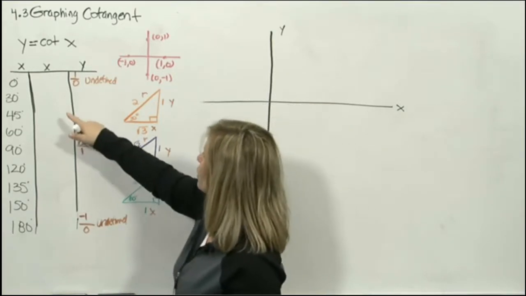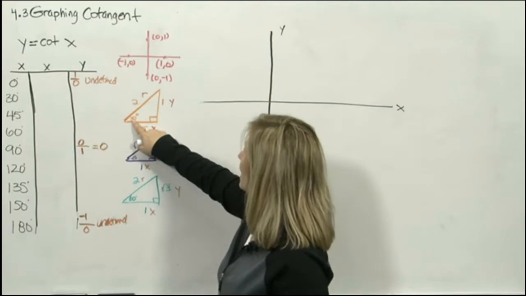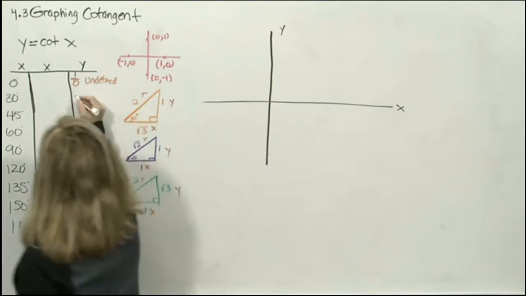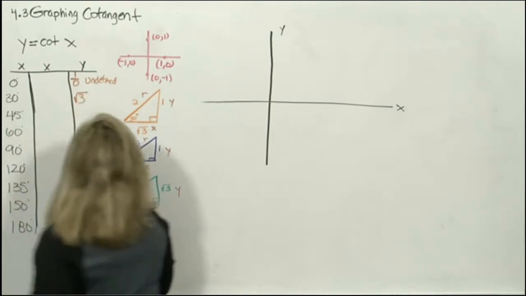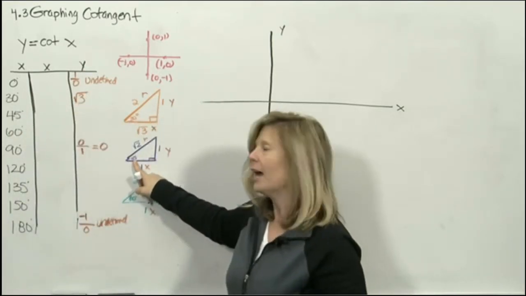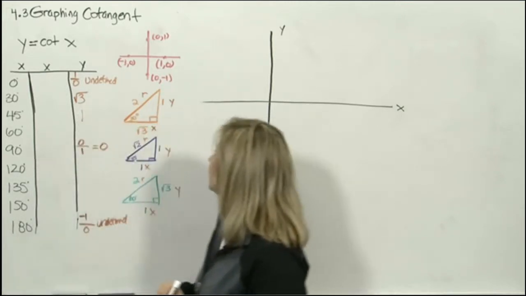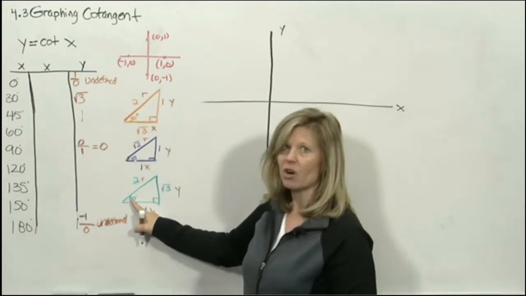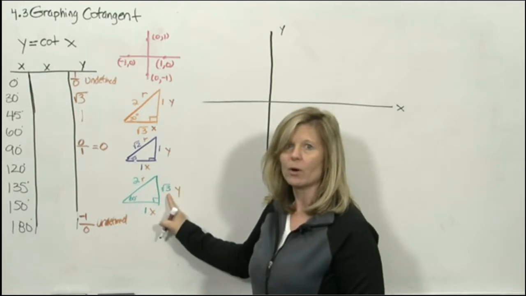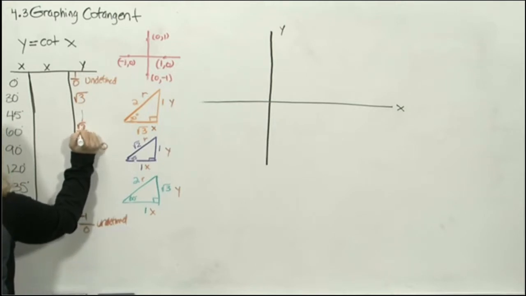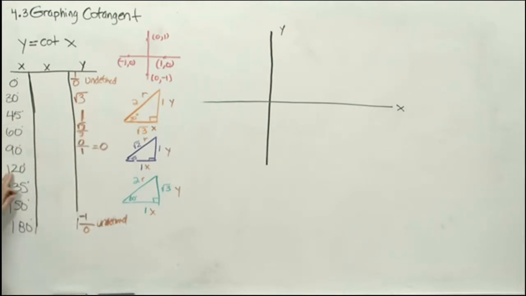So we're going to do 30 degrees. If we do x over y, square root of 3 over 1 is square root of 3. If we do 45 degrees, x over y, 1 over 1 is 1. If we do 60 degrees, x over y, 1 over square root of 3 would be rationalized to square root of 3 over 3. Now we're going to do 120, 135, and 150.